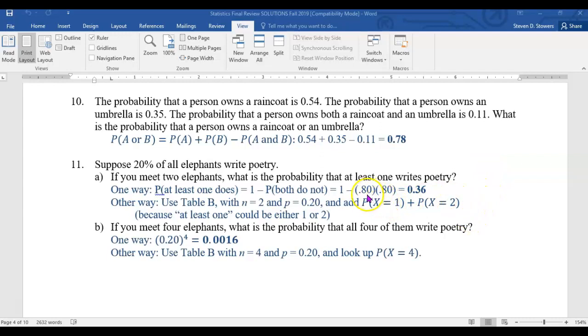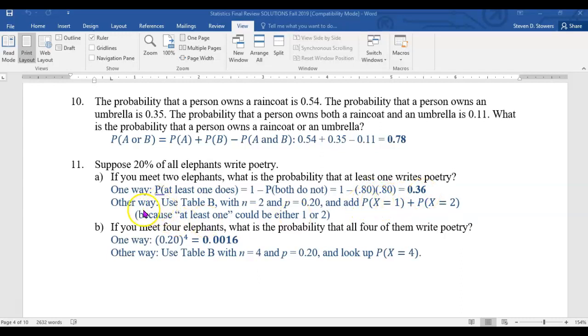So the probability that both elephants do not write poetry, that is, the first one does not and the second one does not, would be 0.80 times 0.80. Remember, each one has a 0.20 chance that they do write poetry, so a 0.80 chance that they do not. So when you calculate 1 minus 0.80 times 0.80, it comes out to 0.36.